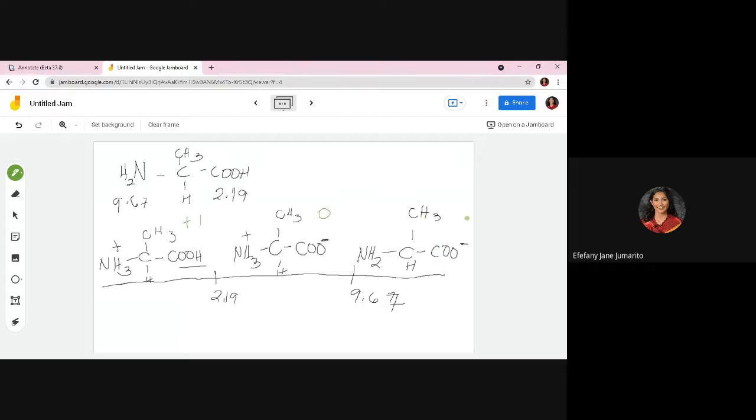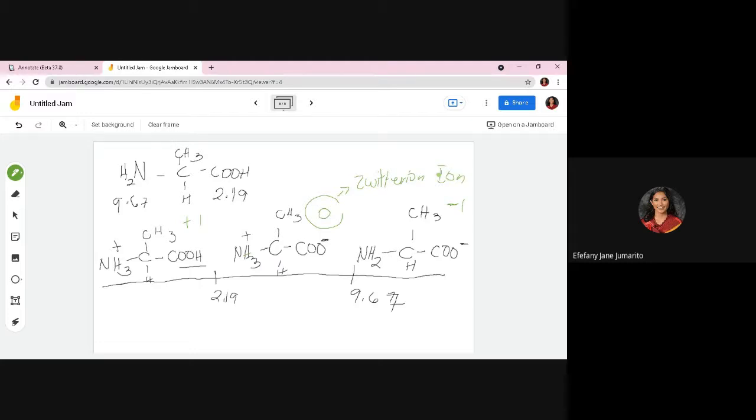Then here, negative 1. Now, in these three structures, which is the zwitterion? The neutral one, the zero charge. So the one with zero net charge is your zwitterion.